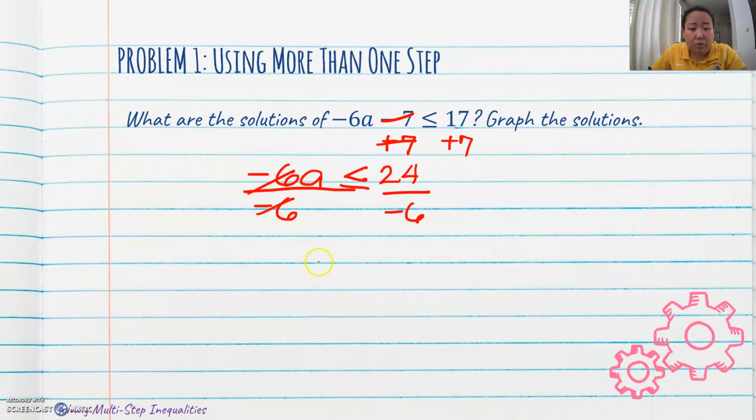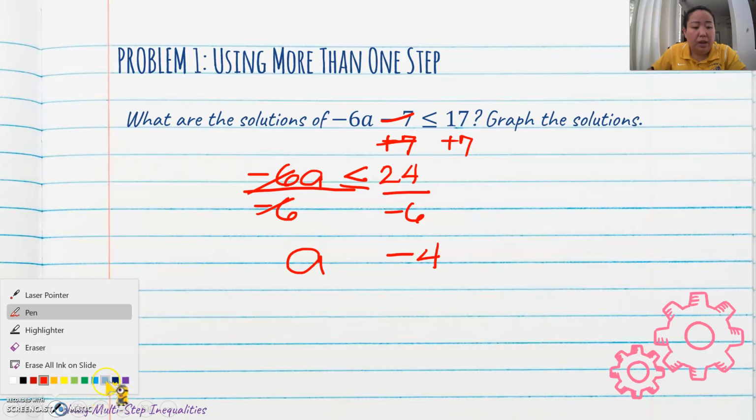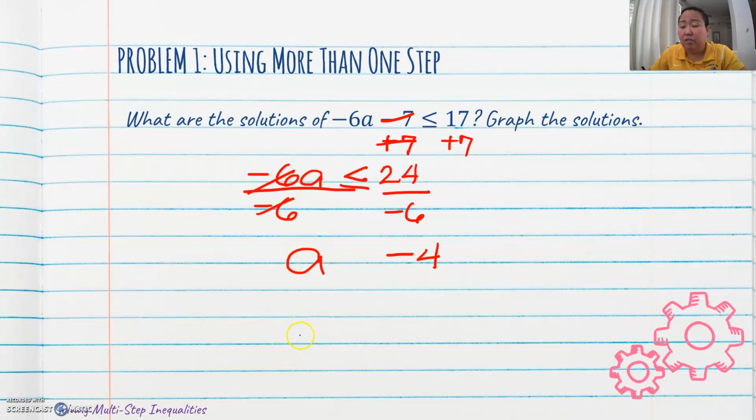And so now our a, 24 divided by negative 6 is going to be negative 4. And if you would remember, we talked about multiplying or dividing by a negative number, which affects our inequality. And so the original inequality, which is less than or equal to, now becomes a greater than or equal to, because we divided by negative 6.